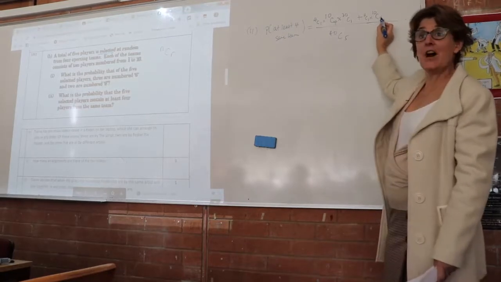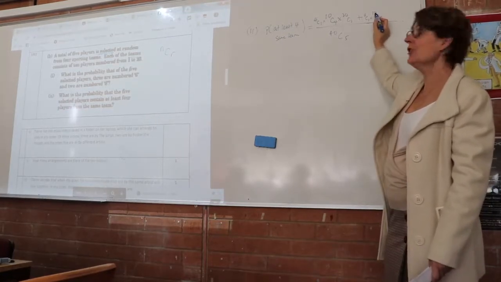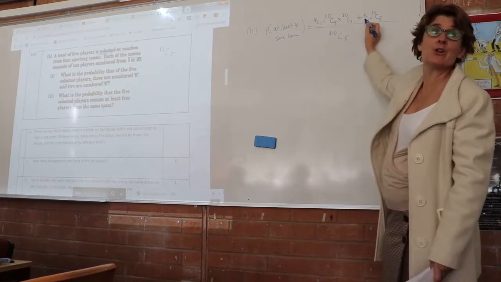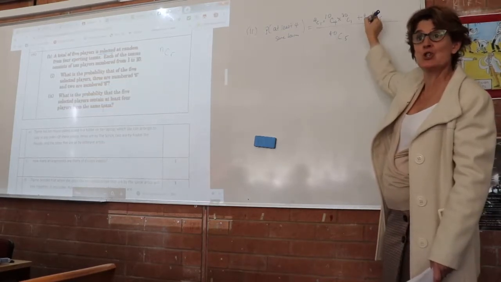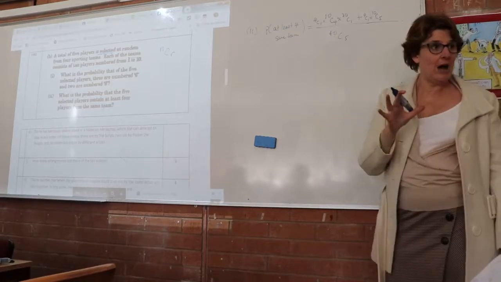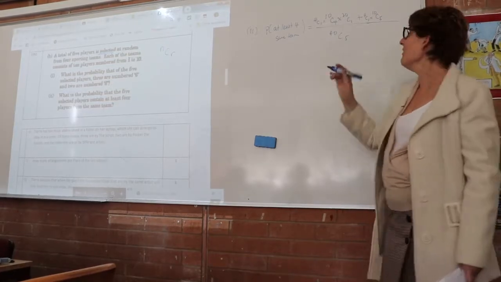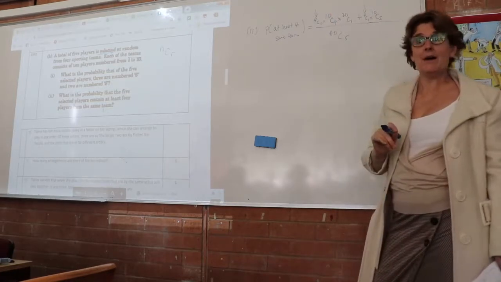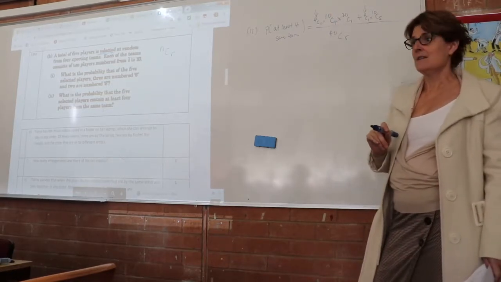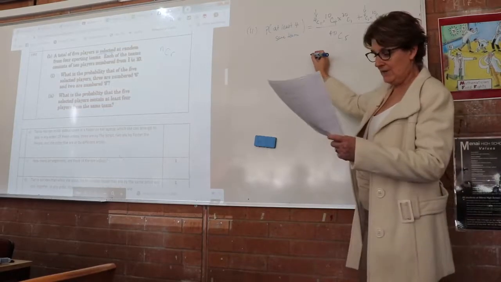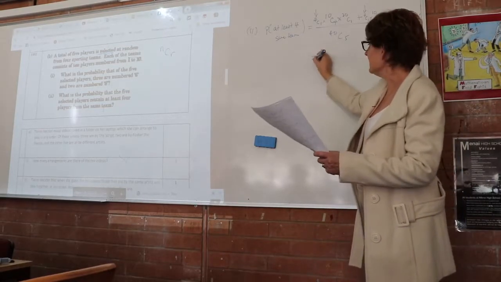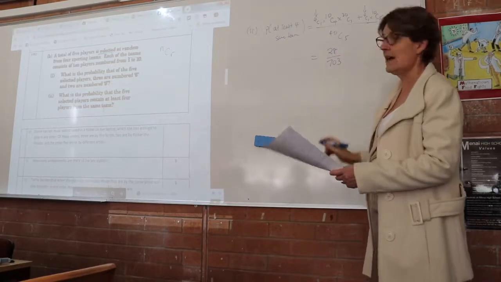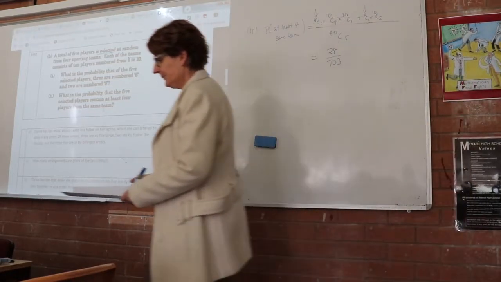Yes, I can choose 5 from the same team, but it could have been from the blue team, it could have been from the yellow team, it could have been from the green team, it could have been from the red team. There are 4 different choices of having 5 people from the same team. And that's the bit that I was saying I think people might forget about, particularly. I'll definitely forget about that. Right? And if you do that, it simplifies to 28 out of 703.